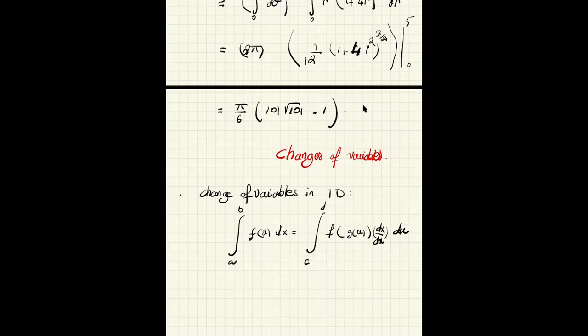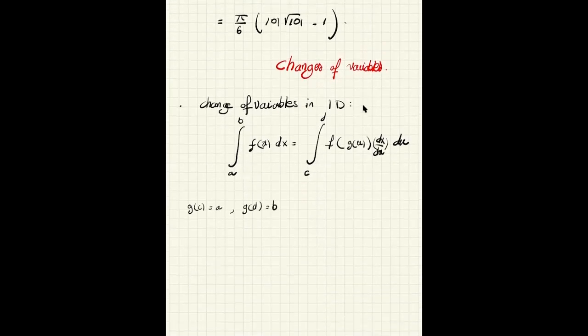And then you integrate from C to D, where you have g(C) equal to A, and g(D) equal to B, right?